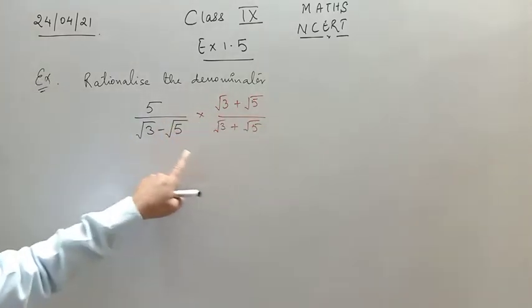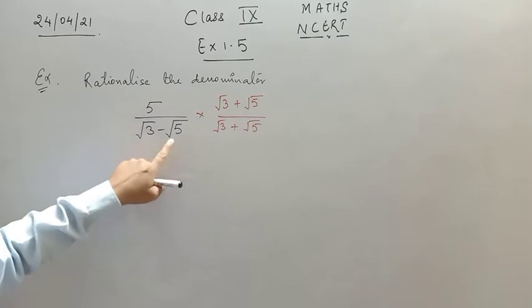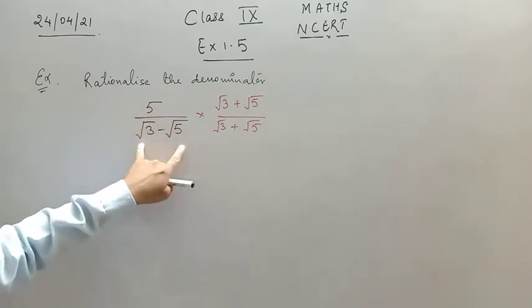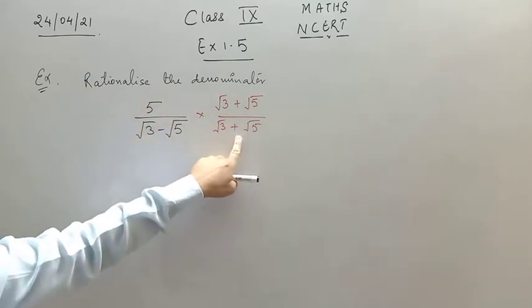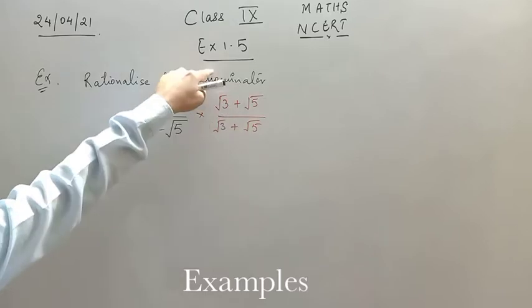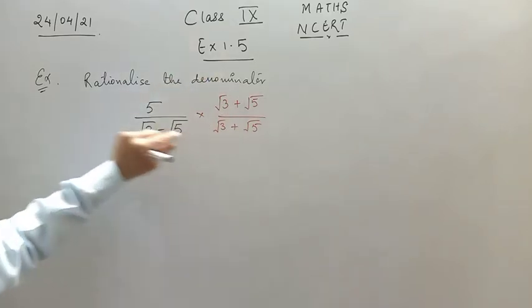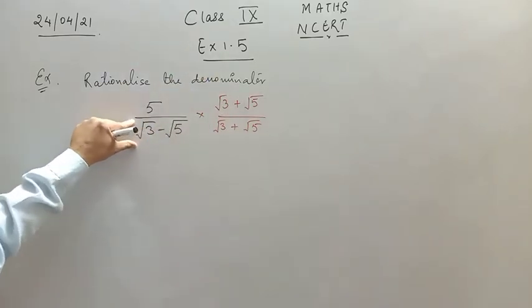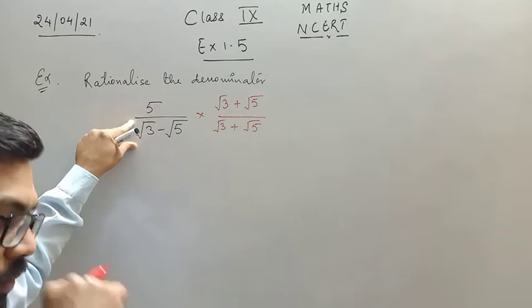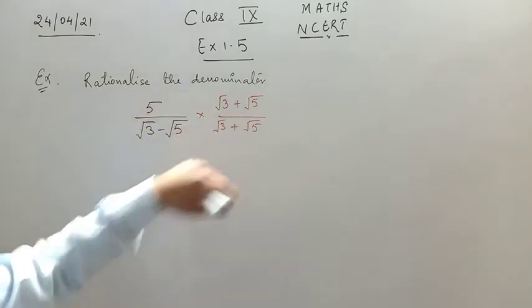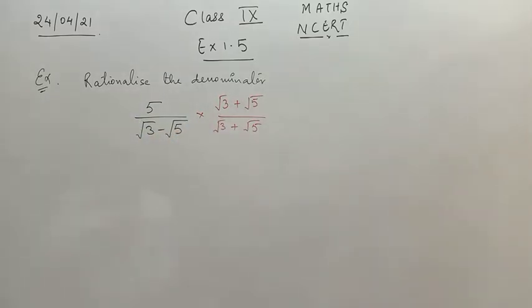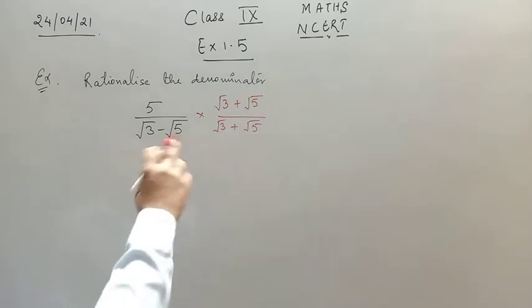In rationalization, you just need to change the sign of the denominator and then multiply the same value in the numerator as well as the denominator. जो आपके पास वैल्यू डिनोमिनेटर में थी बेटा, जो भी डिनोमिनेटर वैल्यू आपको गिवन होती है उसमें जो साइन होता है, sorry, you just need to change the sign.